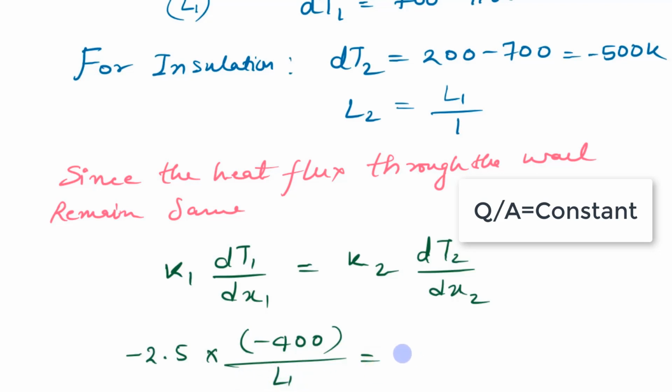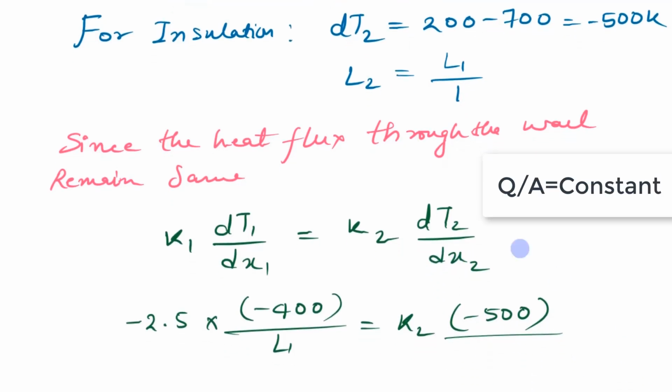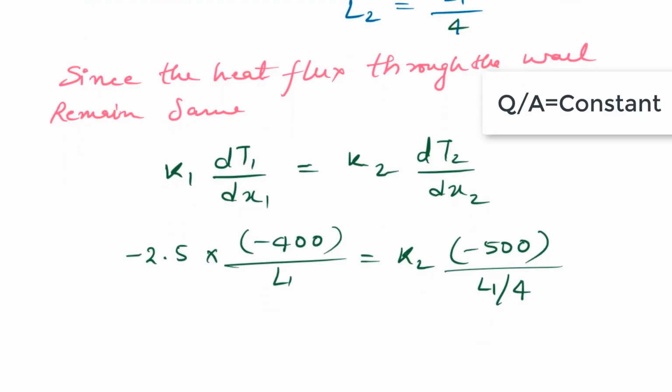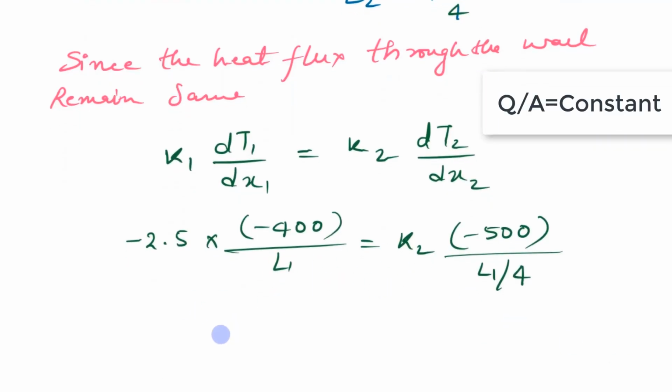We don't know the value of the thermal conductivity of this material, that we need to find out, K2. dT2 we have calculated, and it is minus 500 Kelvin, divided by dx2, which we have calculated here, it is L1 by 4.